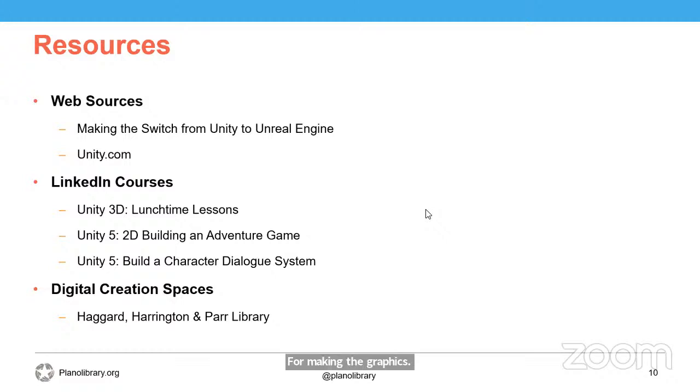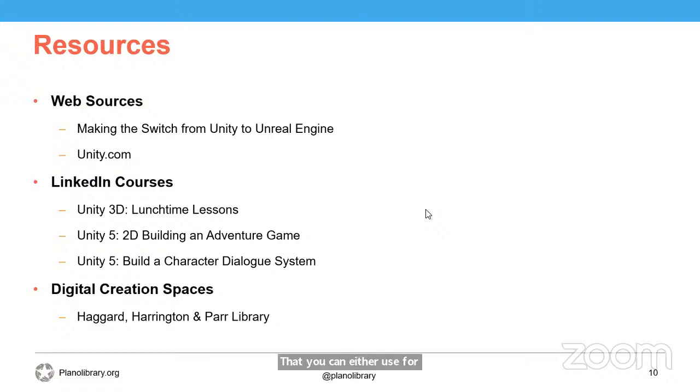So for creating Unity assets, if you're making a 3D game, then you could use a software like Maya or Blender to make 3D models. Additionally, the Unity website does have access to a Unity store where people are able to put assets that you can either use for free or that you can buy to put into your game.